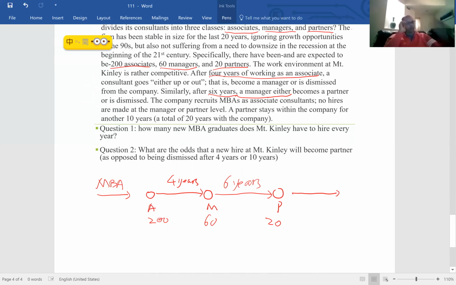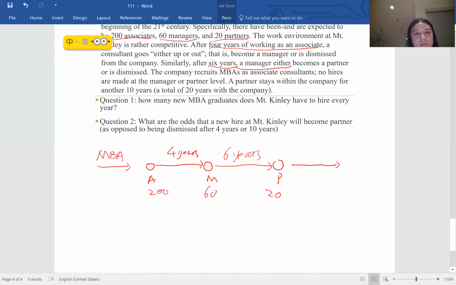So the first question is asking us, how many new MBA graduates does the company have to hire every year? Based on our experience from the previous problems, we see that the 260 and 20, we can treat them as the inventory.